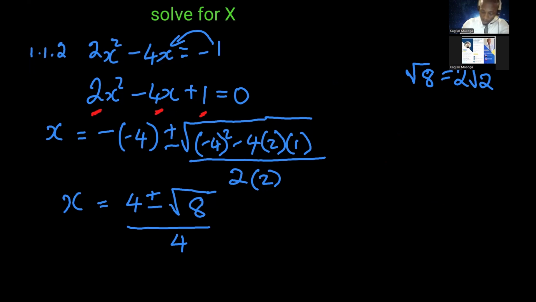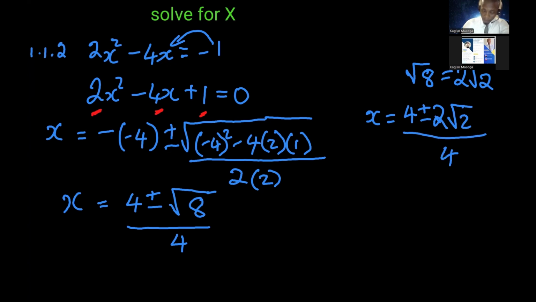So now we say x is equal to 4 plus or minus 2 square root of 2, divided by 4.